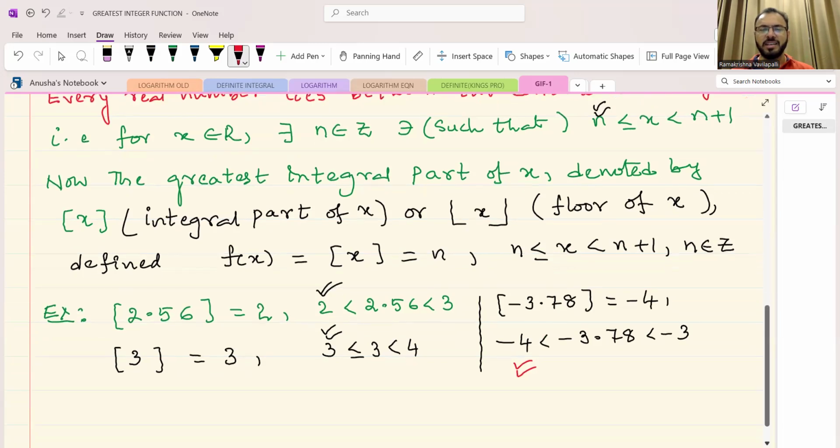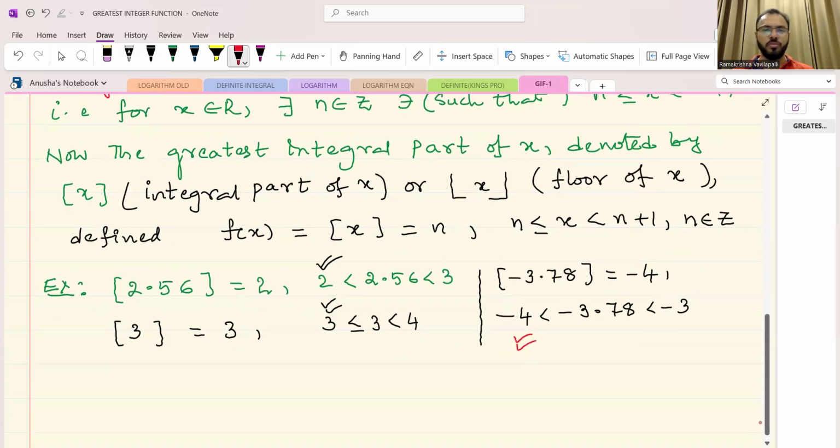There are some numbers which are very important in mathematics, the irrational numbers. e is an irrational number, its approximate value is 2.718. e square is approximately equal to 7.29, I'm just assuming.